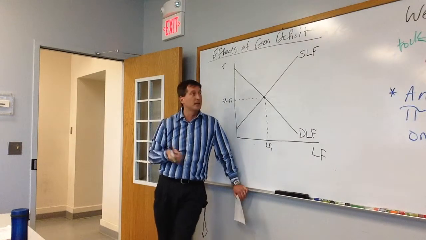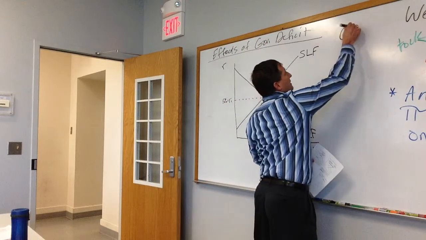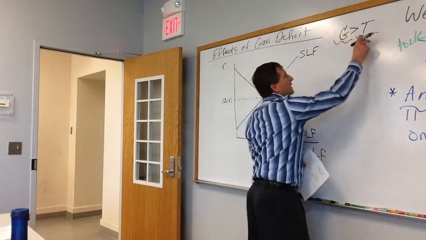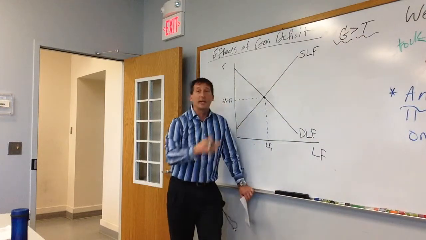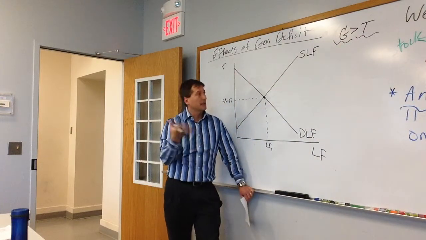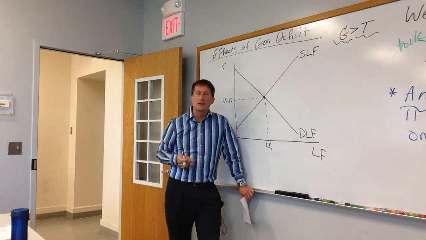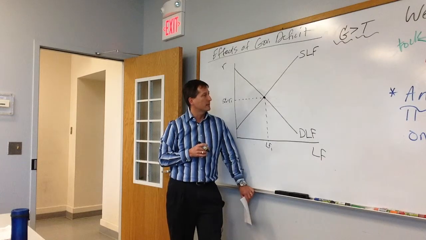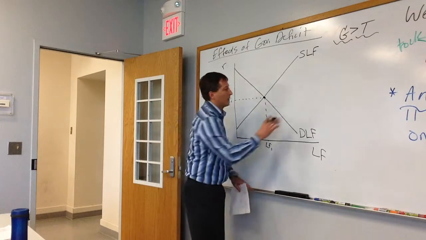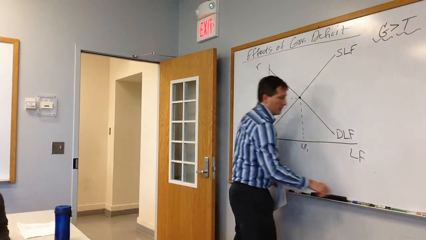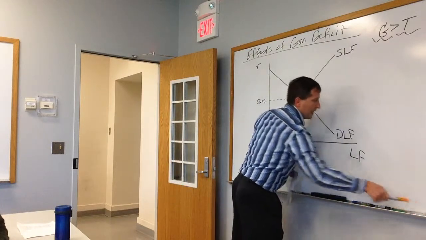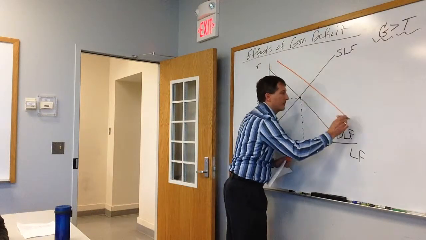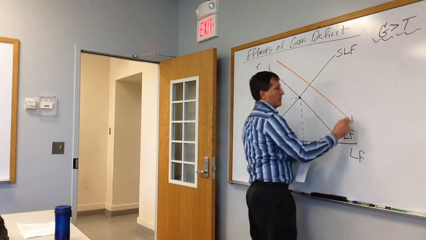They need to borrow funds if G is greater than T. So if we've got a bunch of spending that's a lot bigger than our tax collections, we need to pay for that stuff still, and so we need to borrow. So the government issues out what's known as T-bills and other short-term treasuries to the market. So when they do that, they are an extra player in the market, and the demand for loanable funds shifts out.